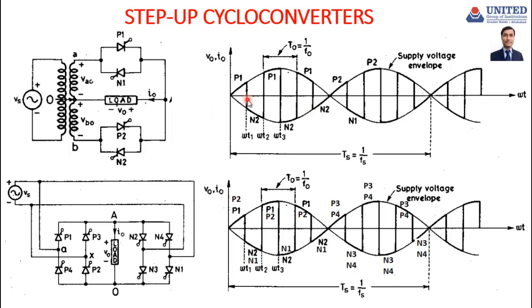At instant omega t is equal to omega t1, P1 is force commutated and forward biased thyristor N2 is turned on, so that the load voltage is negative with terminal O positive and capital A terminal negative.